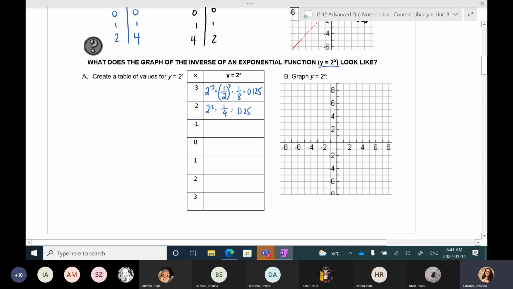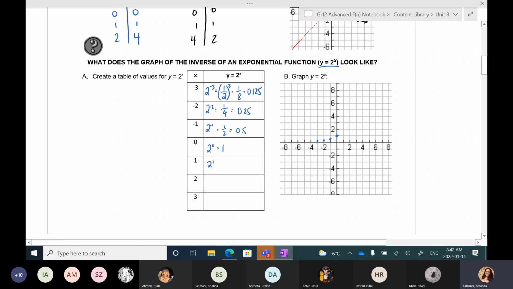So again, 2 to the left and just a little bit above the x-axis. 2 to the negative 1 is 1/2. Okay, so now I can be a little bit higher. 2 to the 0, whenever we've got the exponent of 0, it outputs 1. So 0, 1, special point there.